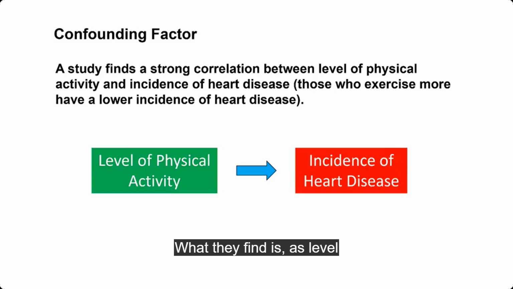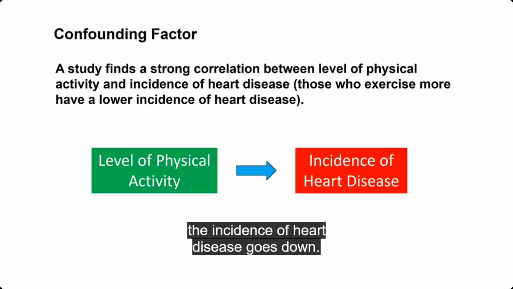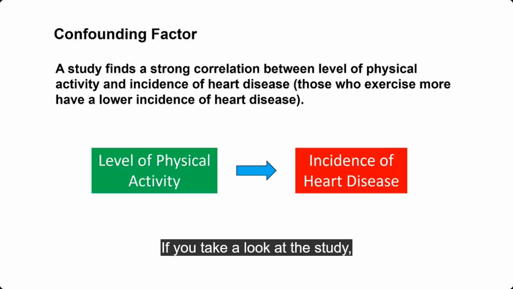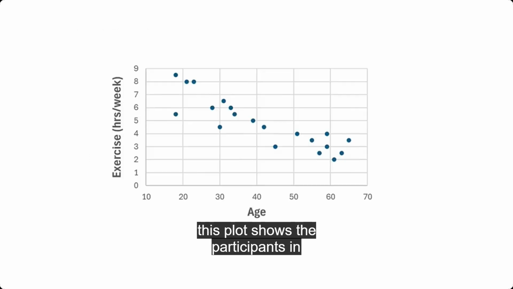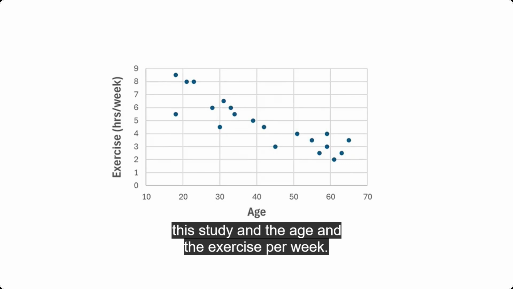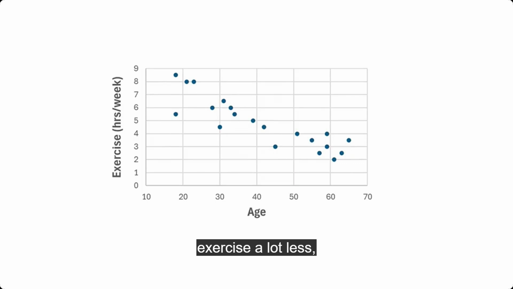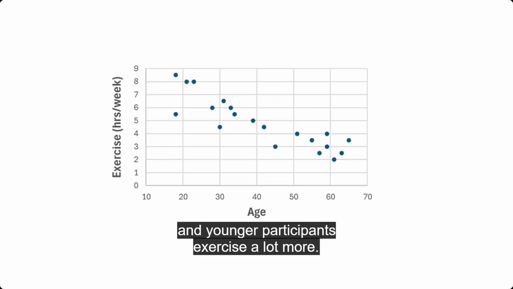And what they find is as level of physical activity increases, the incidence of heart disease goes down. If you take a look at the study, this plot shows the participants in this study and the age and the exercise per week. You definitely see those who are older exercise a lot less, and younger participants exercise a lot more.